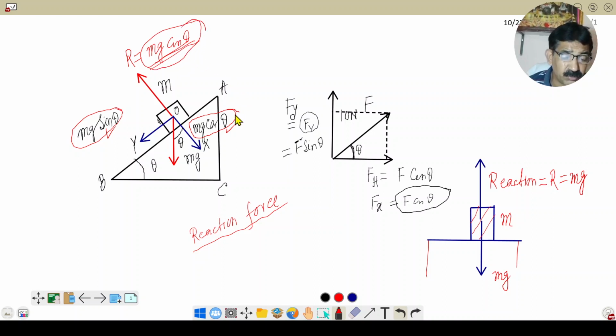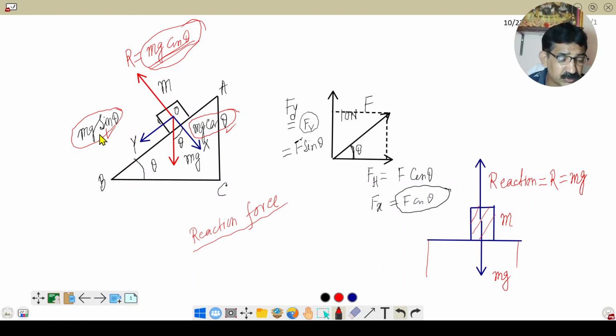So due to these forces, the body will have no motion. But mg sin theta is the single force that is acting downwards along the plane. This body is acted upon by a single force mg sin theta, and that is along the inclined plane.